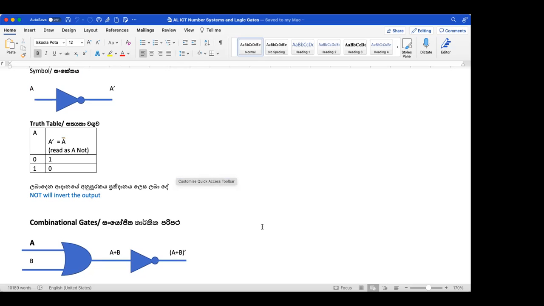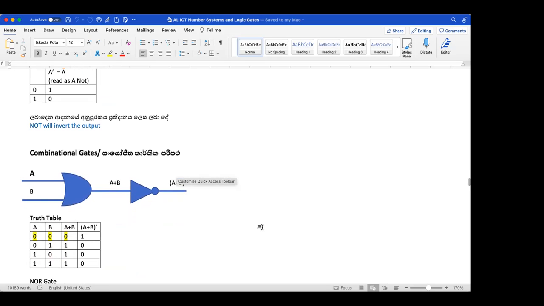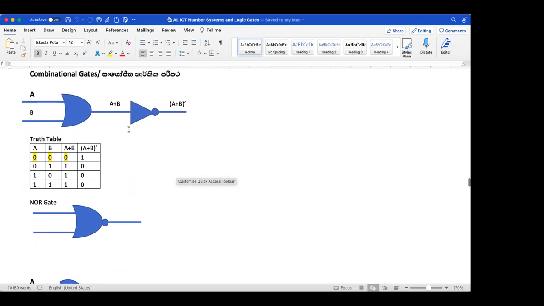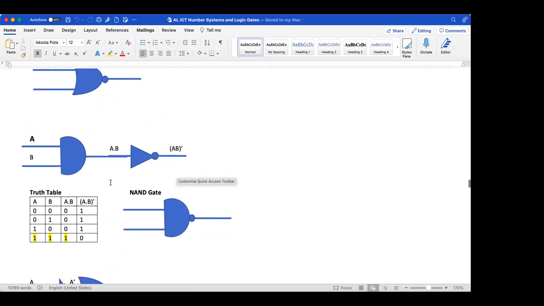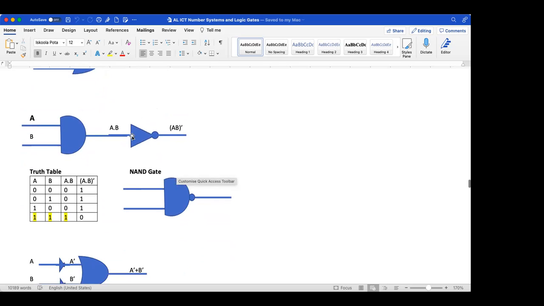Then we learned how to construct combinational logic gates by combining these gates: the OR gate and NOT gate, and the AND gate and NOT gate. Combining the OR gate and NOT gate creates the NOR gate. Combining the AND gate and NOT gate creates the NAND gate, the reverse of AND.